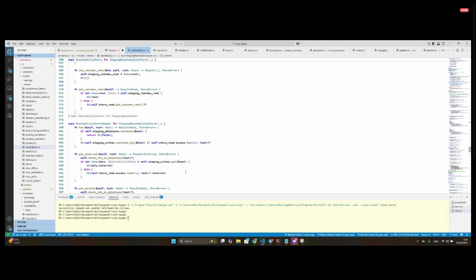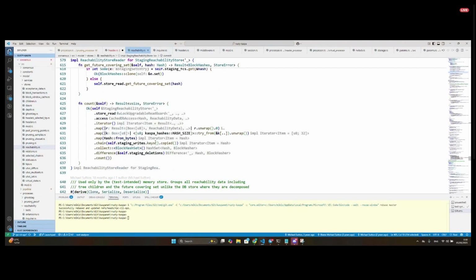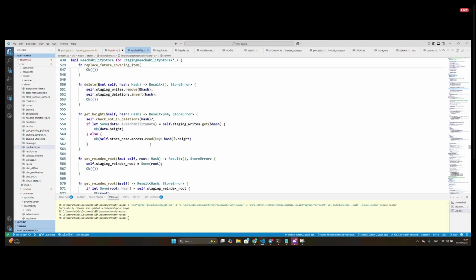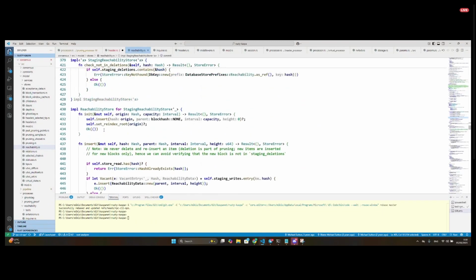That's where the code is. I'm not going to go over it now, but that's what it should look like. The main points are where it implements the write interface. So here it's implementing the trait, which is the staging reachability store. That's the writer one.